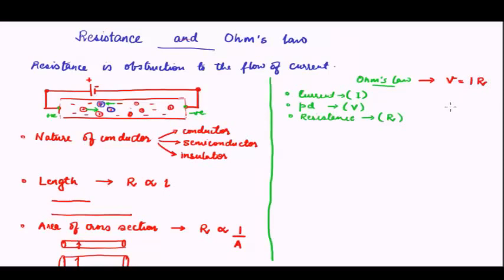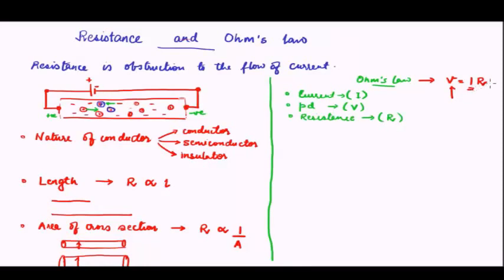Okay, so what Ohm's law states is that the current flowing through a conductor is directly proportional to the potential difference that we apply across the ends. So higher is the potential difference across the ends, more will be the current flowing through the conductor for the same resistance, right?